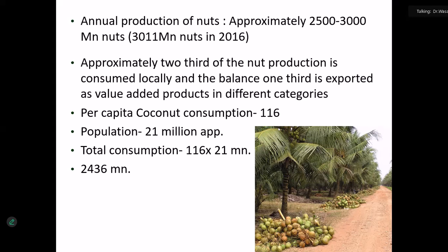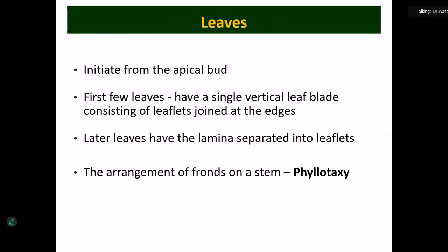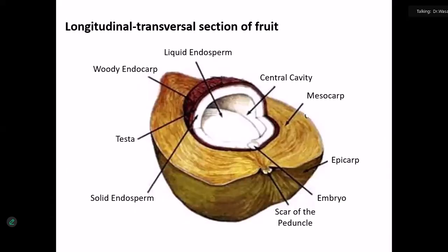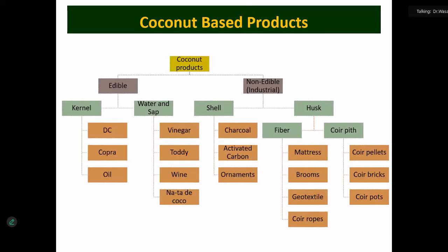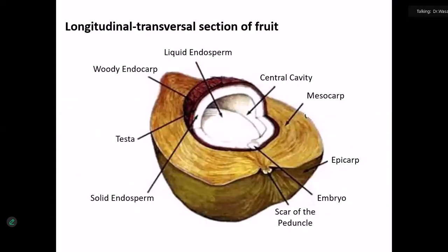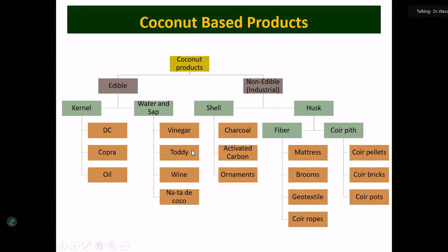Now you can understand. Thereafter, these are the different products. You can read them. Then coconut based products. This is the longitudinal and transverse section of the fruit. If you cut a coconut horizontally and vertically, you can see these parts. What are the different coconut based products?